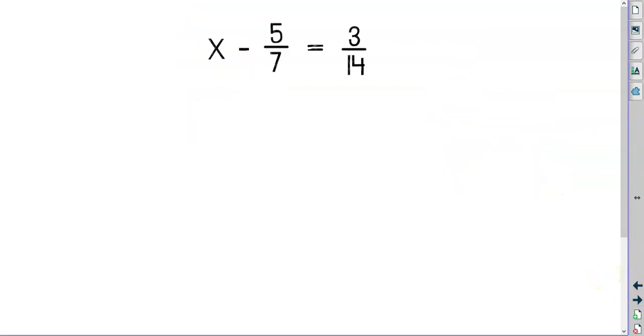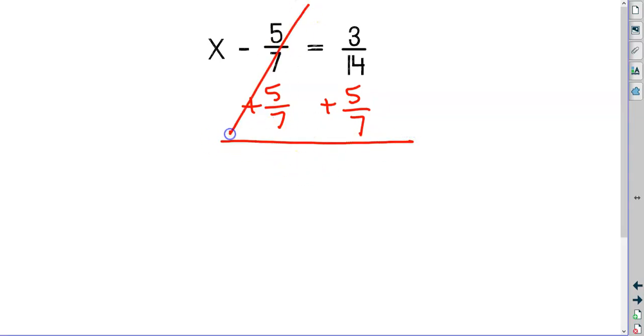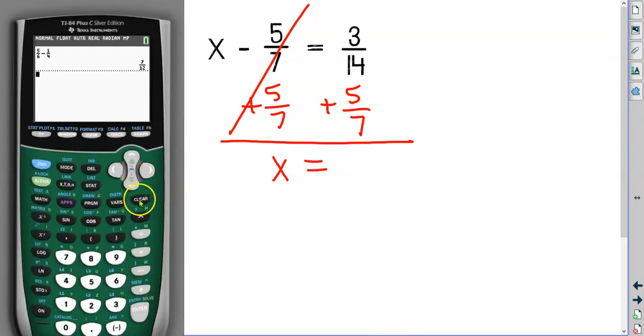Find your variable, perform the opposite operation. Cross off your inverses, and get your calculator ready. Again, the fraction button, alpha y equals.